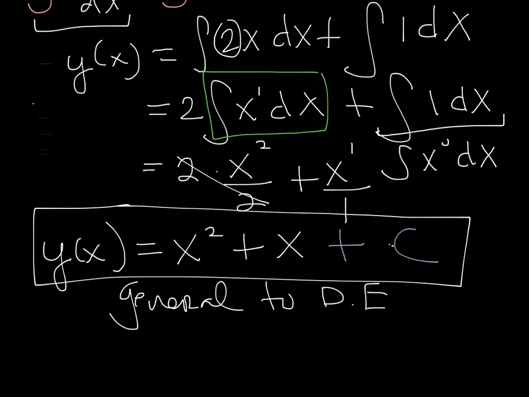And one thing I want to point out: since I split up my integrals, technically after I integrated, I should write x squared over 2 plus some constant c1, and then after you integrate the second one, add a second constant.